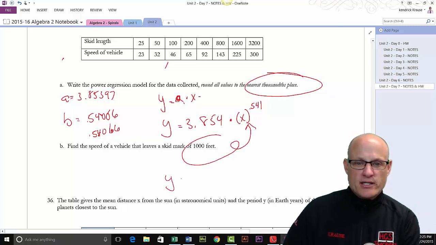So we're going to get y equals 3.854 times 1,000 raised to the 0.541.